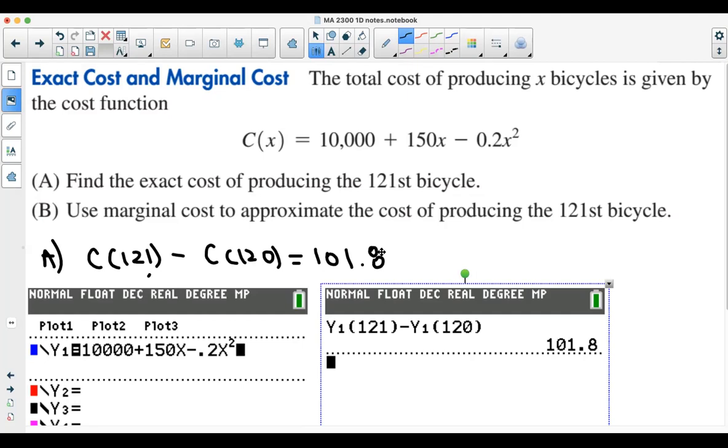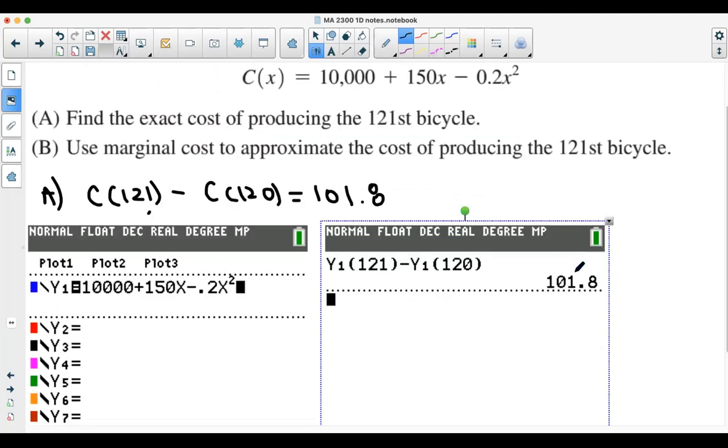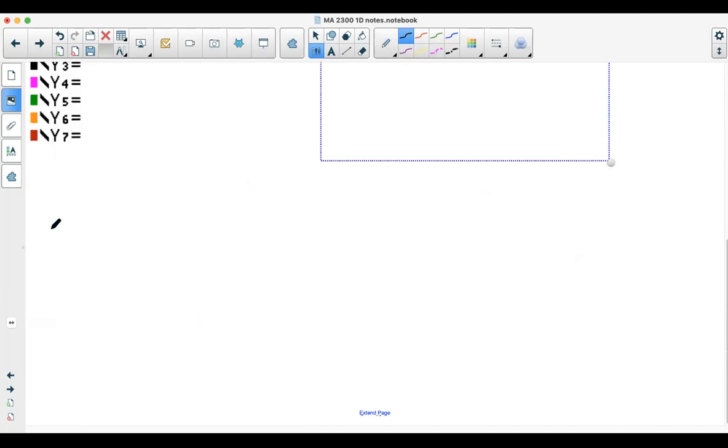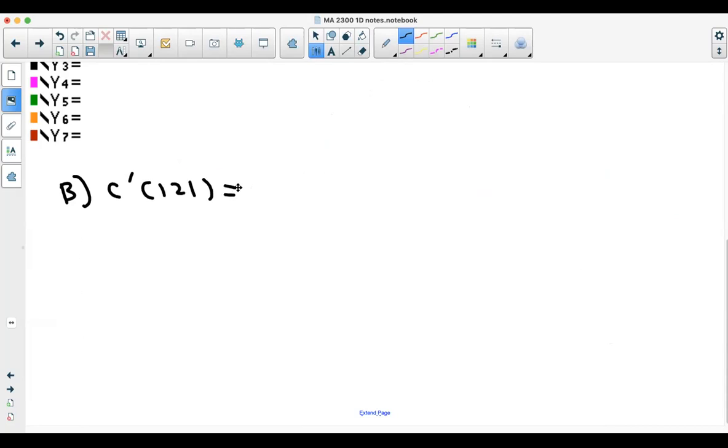So to produce the 121st bicycle, that's A. For B, what I want to do is C prime of 121. That's essentially what I'm looking for.